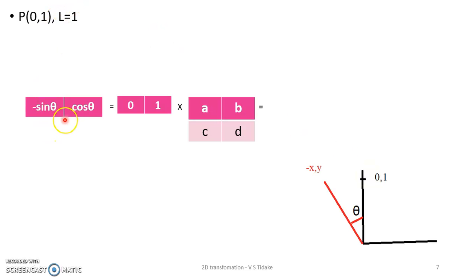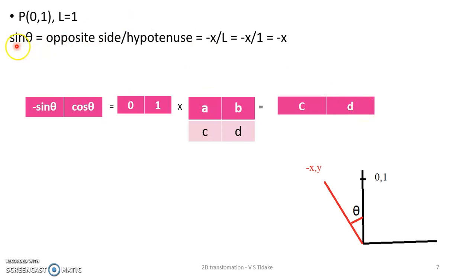So if we write a matrix minus sin theta and cos theta, and we multiply our point 0, 1 by the A, B, C, D matrix, then the answer is C and D. That is minus sin theta is C and cos theta is D. We can calculate sin theta as opposite side upon hypotenuse, that is minus x upon L. But L is 1, so the answer is minus x.